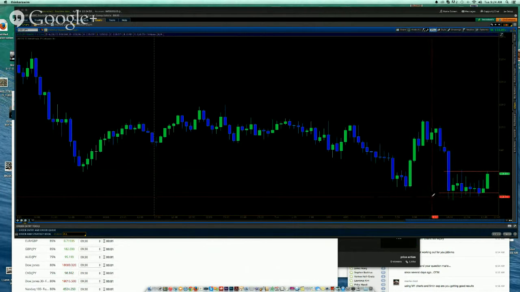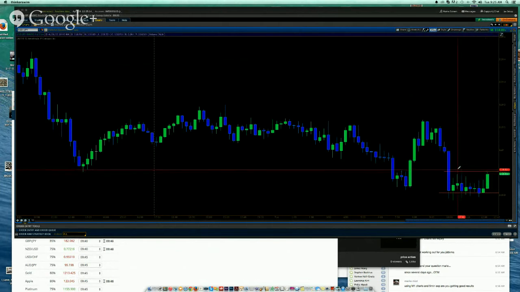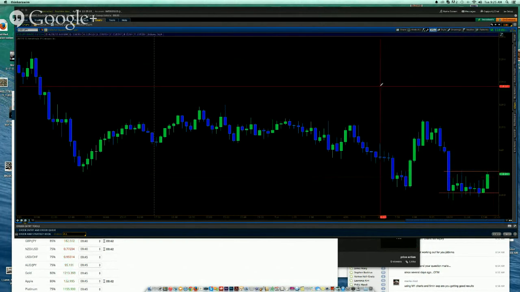You can also have a support down here, you see. This is just a safer one, that's all. So even if price comes back up here and touches, it shouldn't go past this point. And this was the highest, as you see, for the 15 minutes, where this blue candle was at.